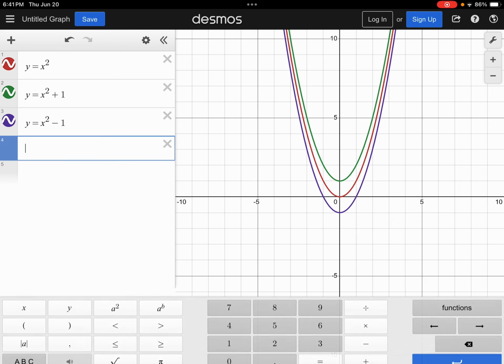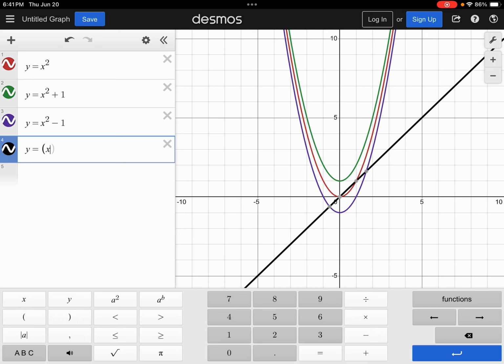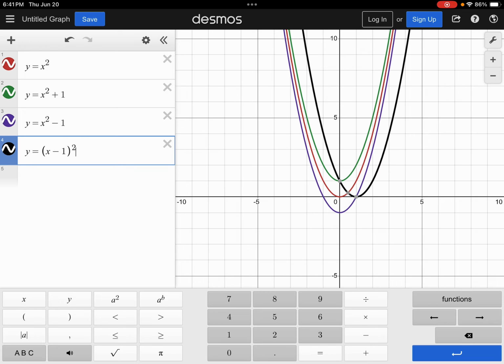Now that we have that, how do we move the parabola left or right? Well, to move the parabola left or right, we first do y equals, as always, and then you have to do parentheses. So x minus 1, close parentheses, squared. Subtracting 1 just makes the parabola move 1 unit to the right.